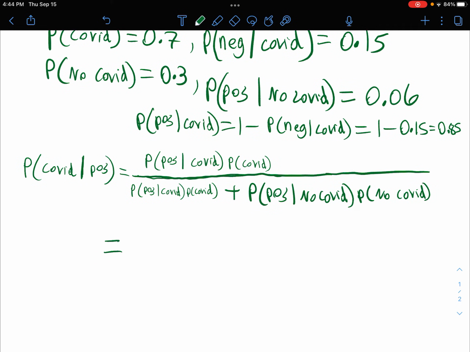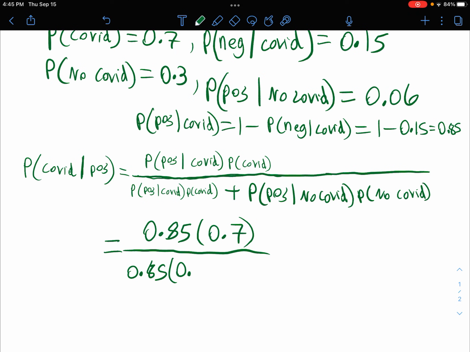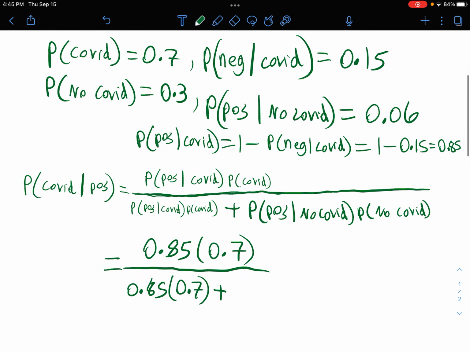Well, this is going to equal then 0.85, which is that probability we just found of a positive test given the person had COVID, multiplied by the probability that the person had COVID, which was 0.7, and then that's going to be divided by the exact same thing, 0.85 times 0.7, plus the probability of a positive test given the person didn't have COVID, which is 0.06, multiplied by the probability that somebody didn't have COVID, which is 0.3.